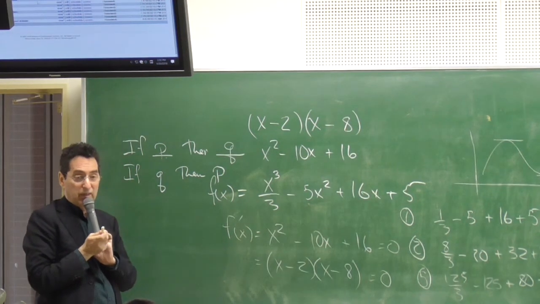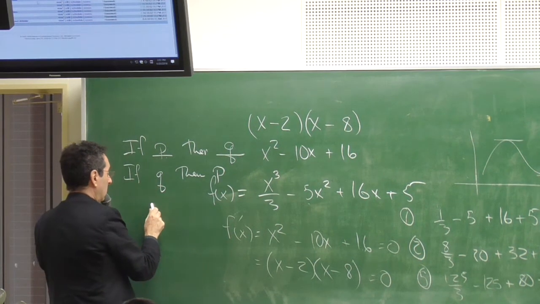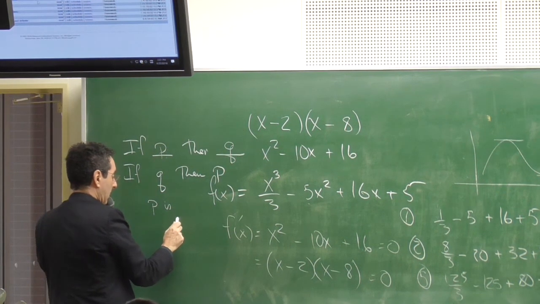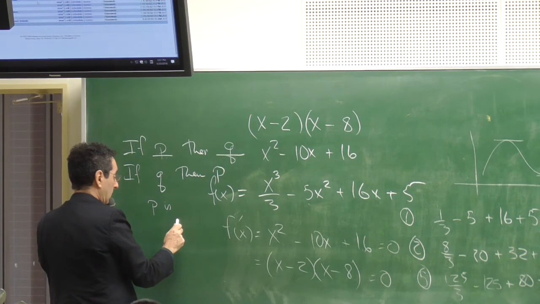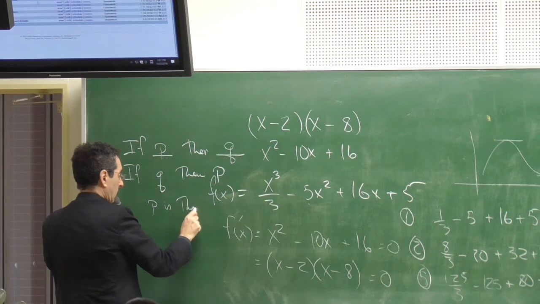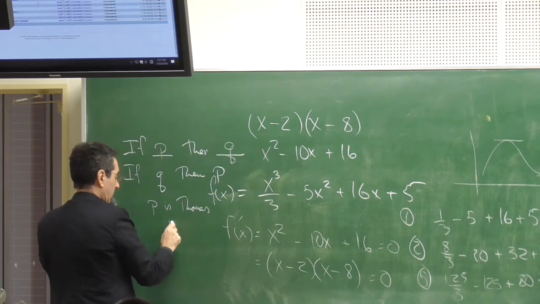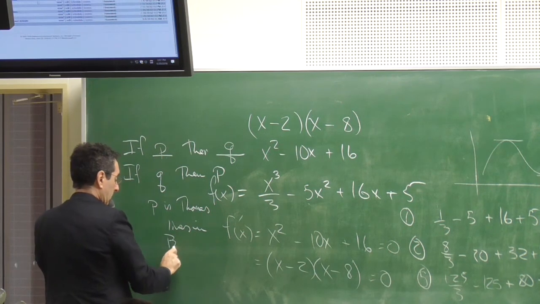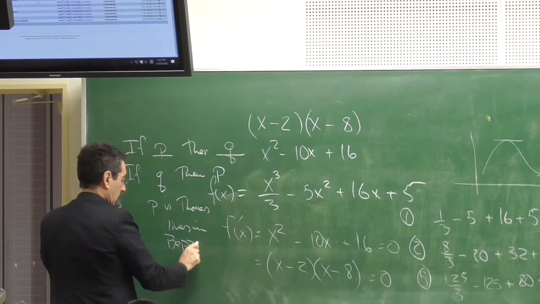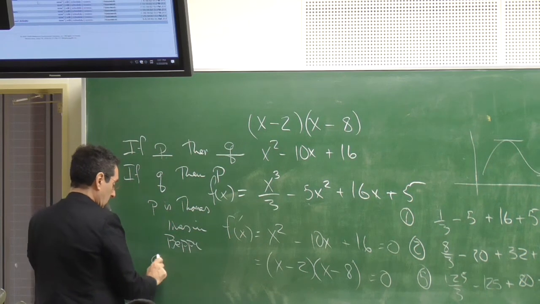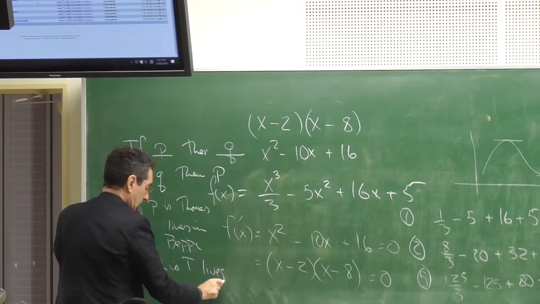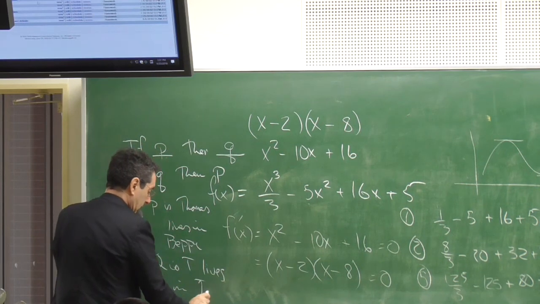For example, P is Thomas lives in Beppu, and Q is Thomas lives in Japan.